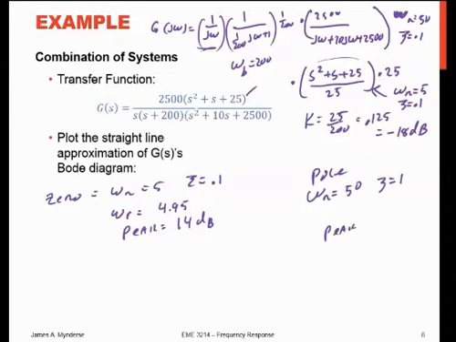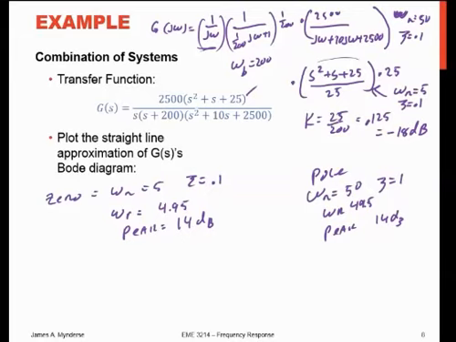The peak, since that's just a function of zeta and not omega n, is again 14 dB, and omega r we said was 48 point something, 49.5. Okay, so those are the things I need, and I'm going to go to the next slide, so you're going to have to remember all those, right?